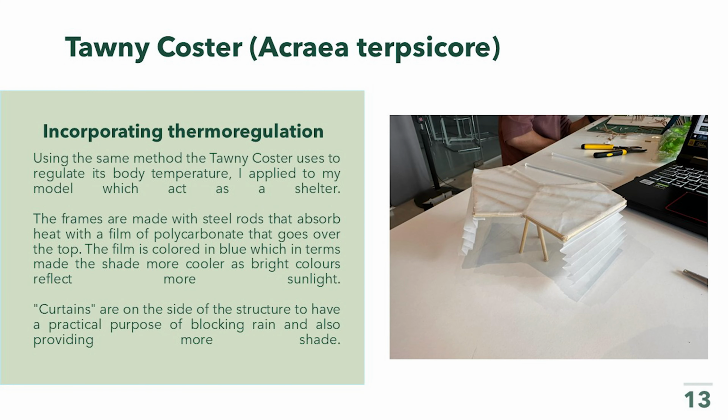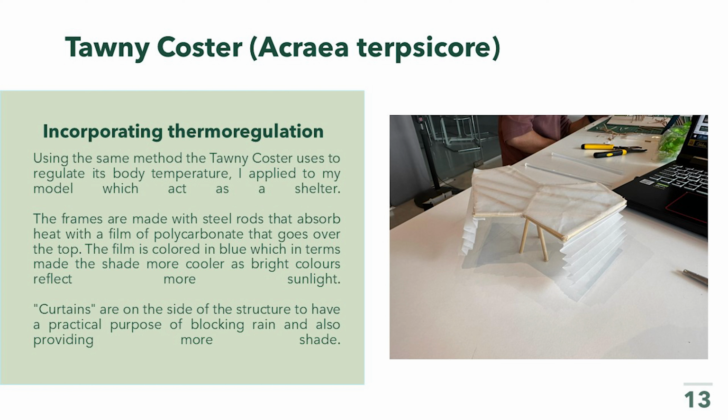As for my model, I incorporated thermal regulation into my study model, using the same method the Tawny Coster uses to regulate its own body temperature. The frames are built with steel rods that absorb heat, with a film of polycarbonate that goes over the top. The film is colored blue, which in turn makes the shade cooler as bright colors reflect more sunlight.